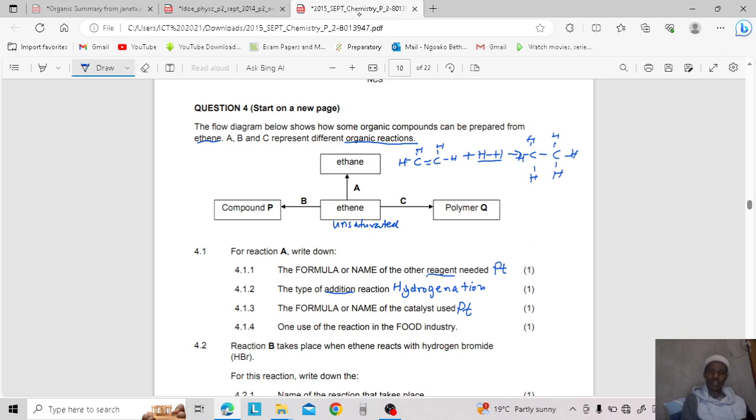So I think because we are moving from unsaturated to saturated, the food that is made from this, I think it will be the production of margarine. Then that's what we have.